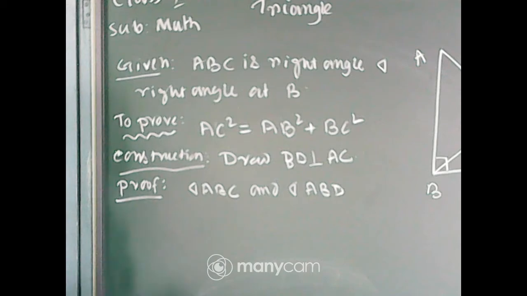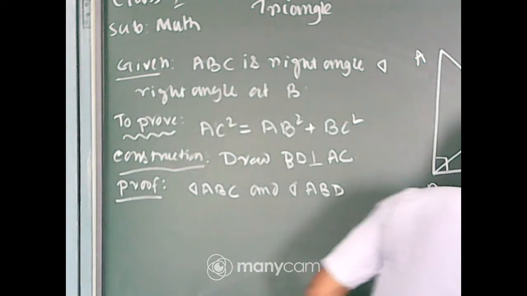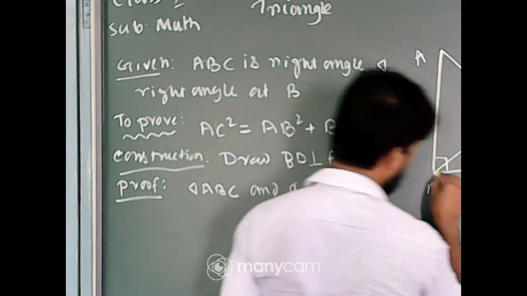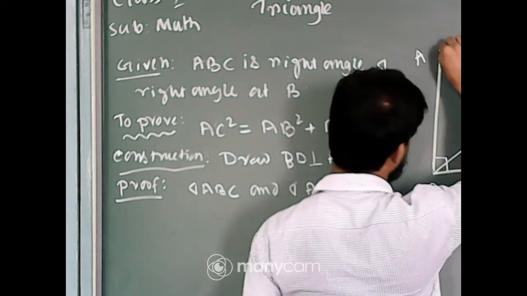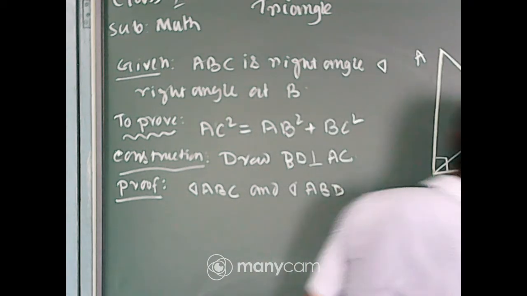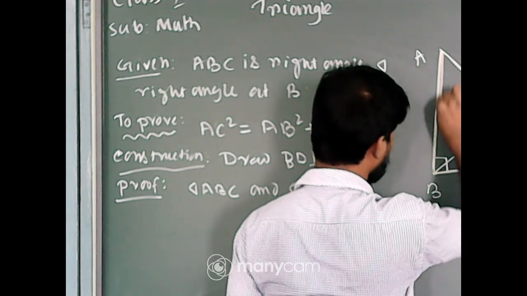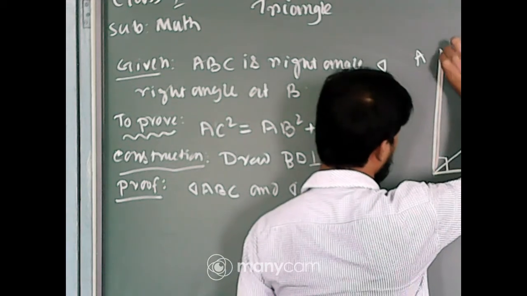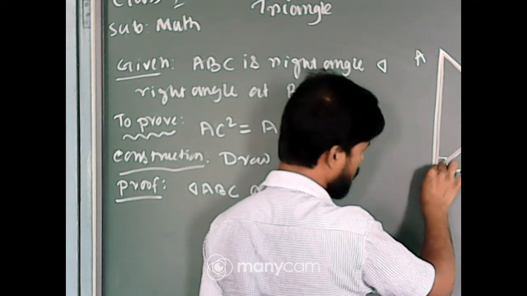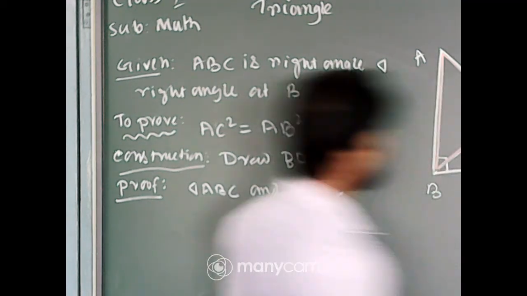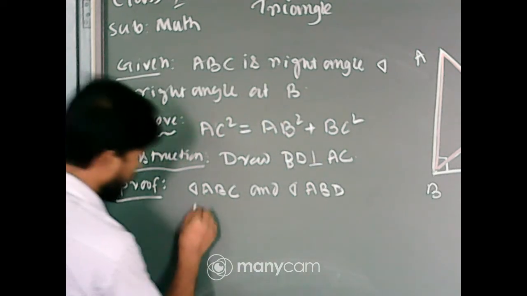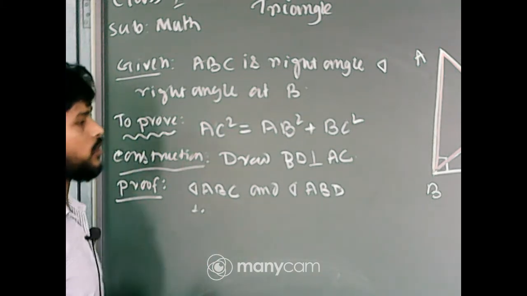First consider these two triangles, this triangle ABC and this triangle ABD, and we will prove that these two triangles are similar to each other.